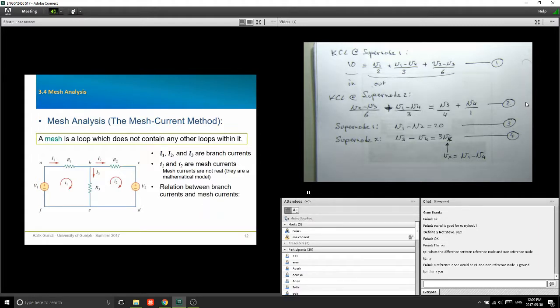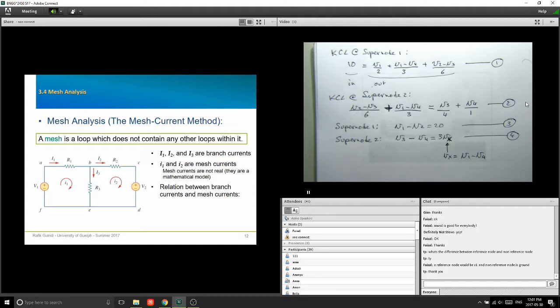Now look at that. You have your currents, capital I1, capital I2, and capital I3. These are the branch currents. These are the currents we're used to, we understand these. The current is flowing inside your elements through your wires. Those branch currents come together at a node, and you have your KCL. The small ones, small i1 and small i2, we call mesh currents.